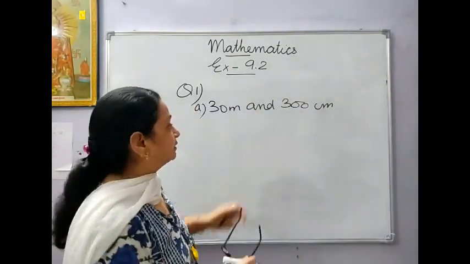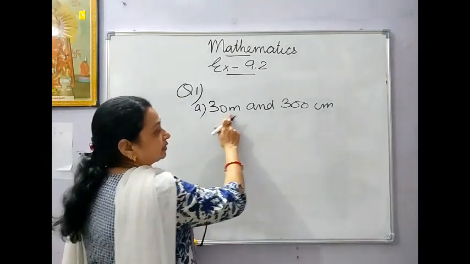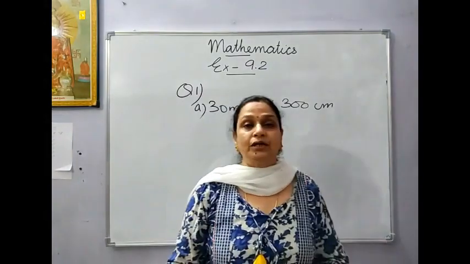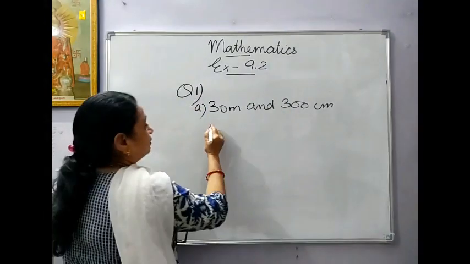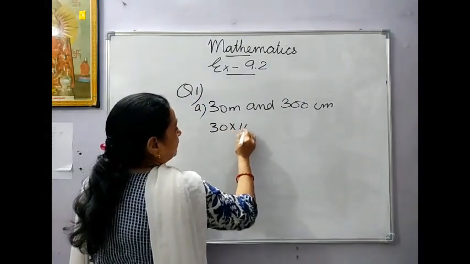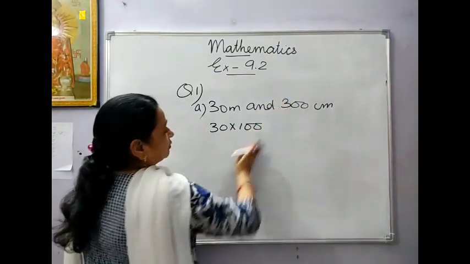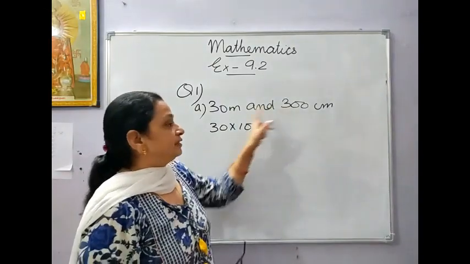That was also right. Another method is you convert the bigger unit into a smaller unit, and when we convert bigger unit into a smaller unit we multiply, so it will be 30 multiplied by 100, because there are 100 centimeters in 1 meter.